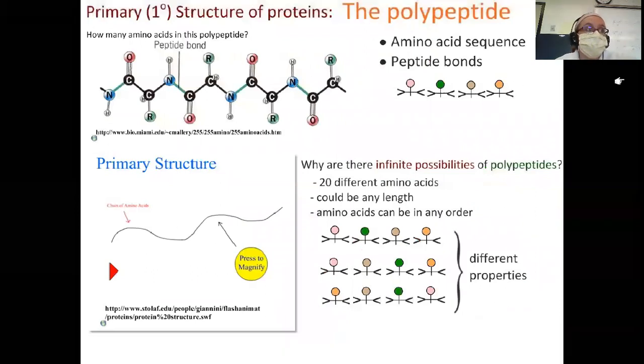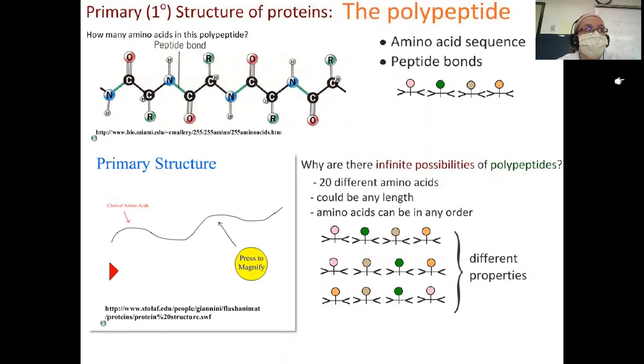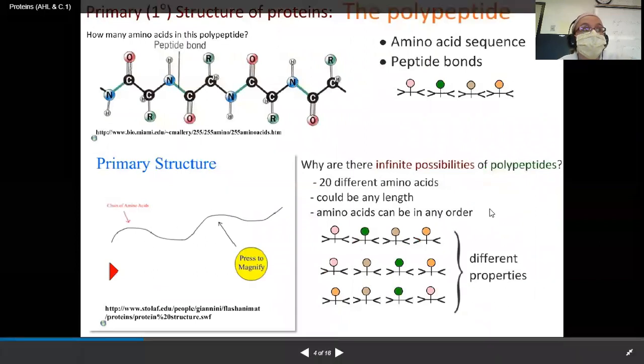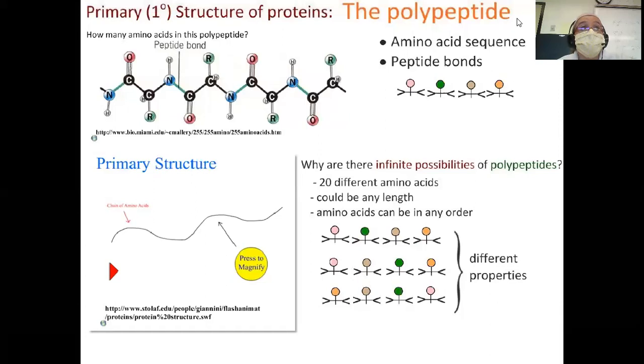So here it is spelled out a little bit more so that you can see it a little bit more slowly. I do like these animations that are embedded here, so I'll link it so you can practice with it. But with the polypeptide primary structure, proteins do have varying numbers of amino acids, just like words have varying numbers of letters in them.